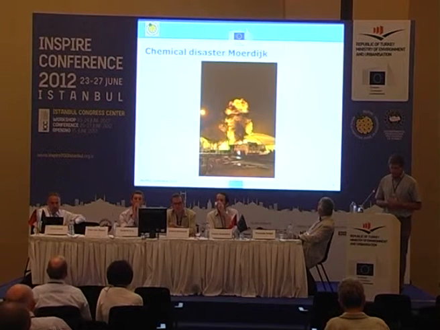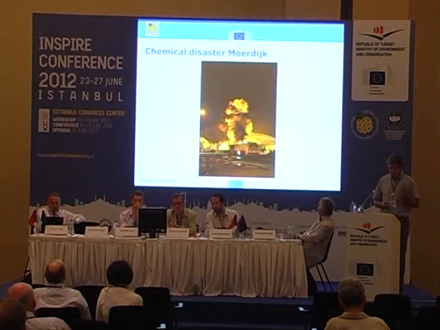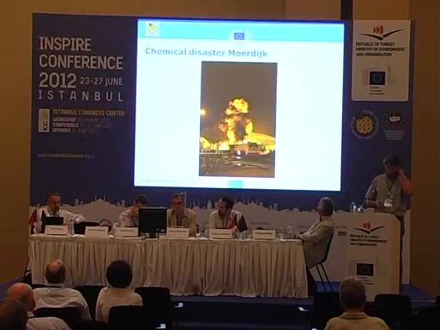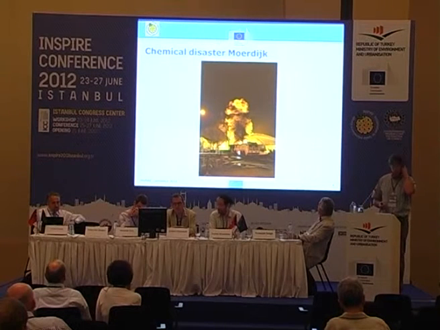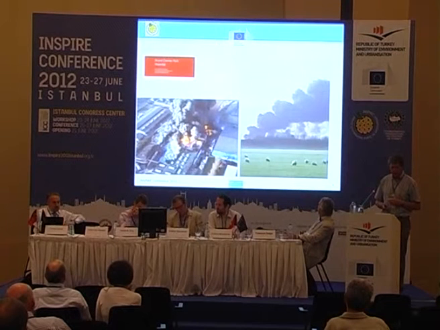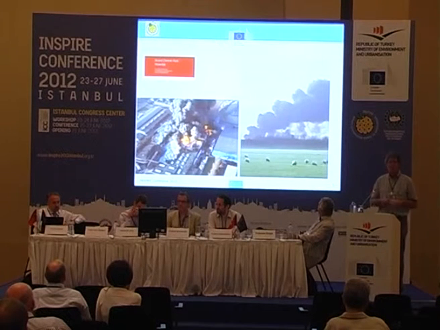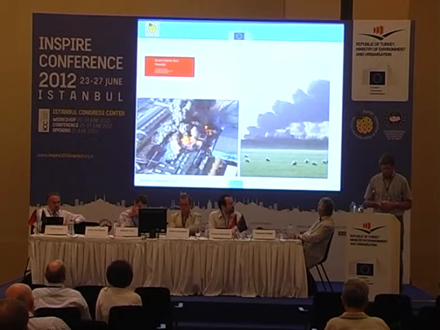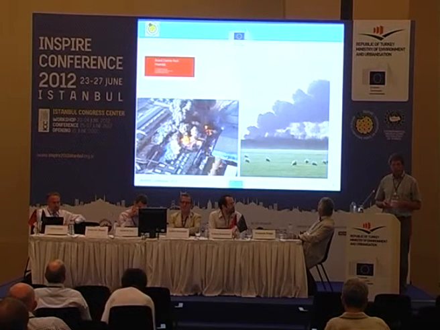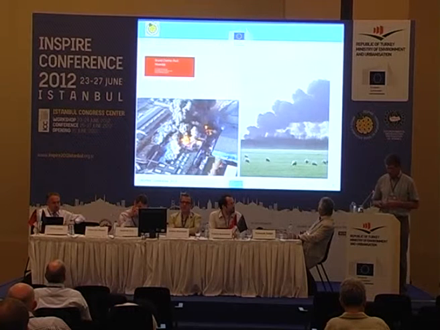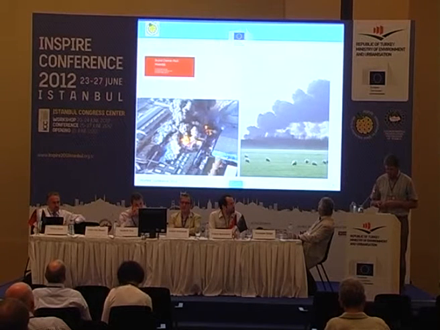The next example is that last year we had quite a big fire on a small chemical plant which exploded and set fire, a chemical disaster in Moerdijk. A few pictures. It was a chemical plant on the industrial chemical area, but it had a huge impact on the area and also in the politics in the Netherlands.